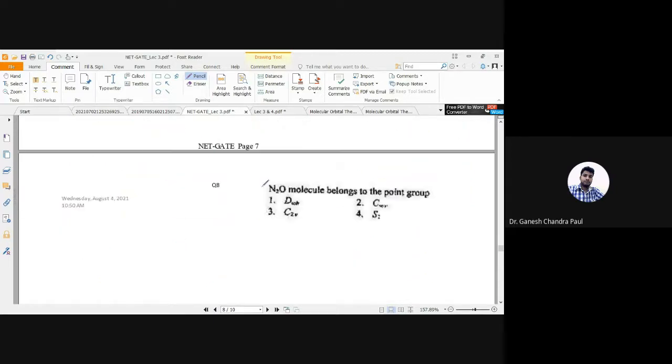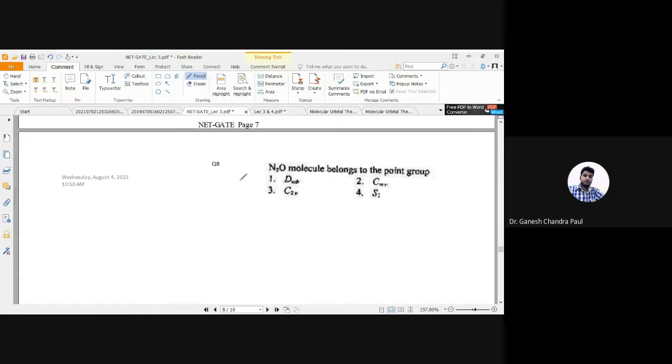Next. That question is for point group symmetry. Nitrous oxide molecule belongs to which point group? Nitrous oxide belongs to which point group?